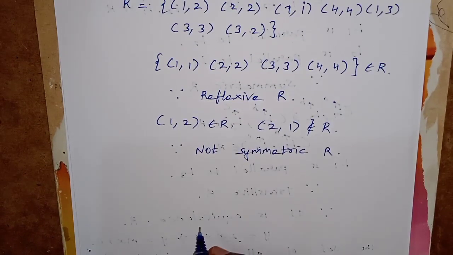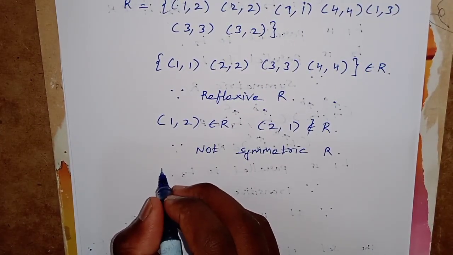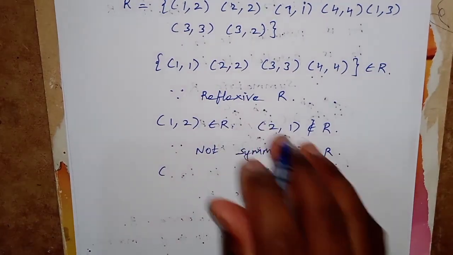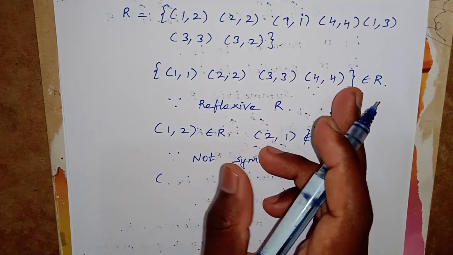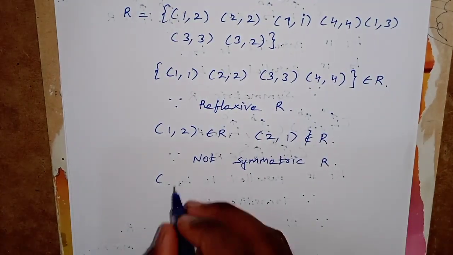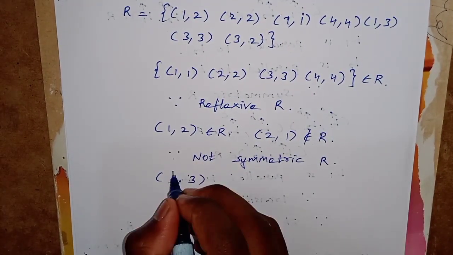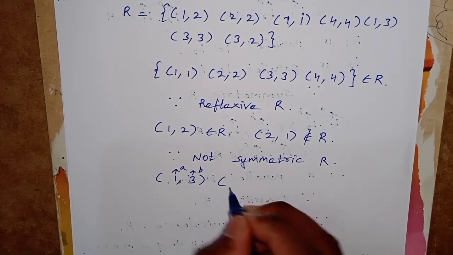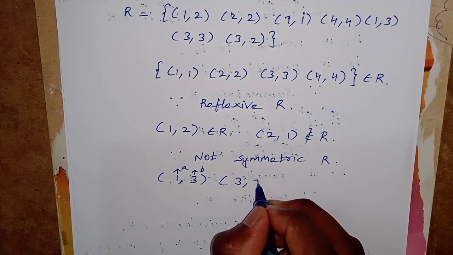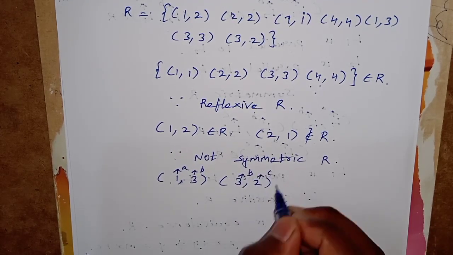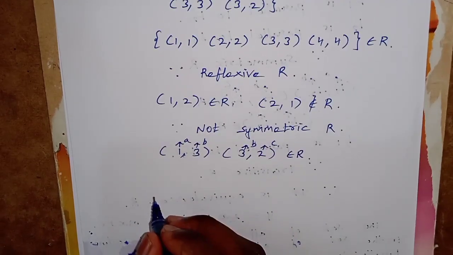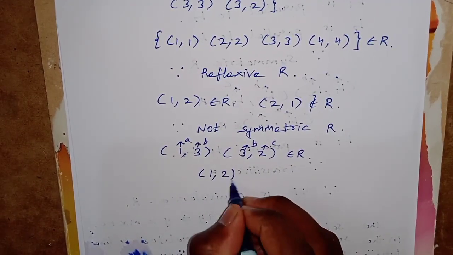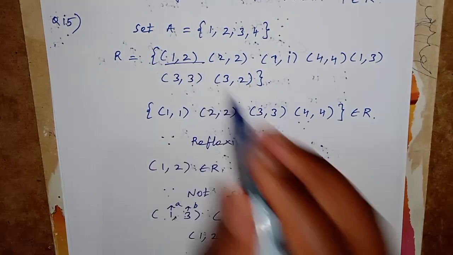Next, for transitive. For transitive, you have to take A, B, B, C. Here A is (1,3), A, B. Next, here it is B, C. A, B, B, C belongs to R. Therefore A, C, (1,2), also belongs to R. See here, (1,2) is present here.